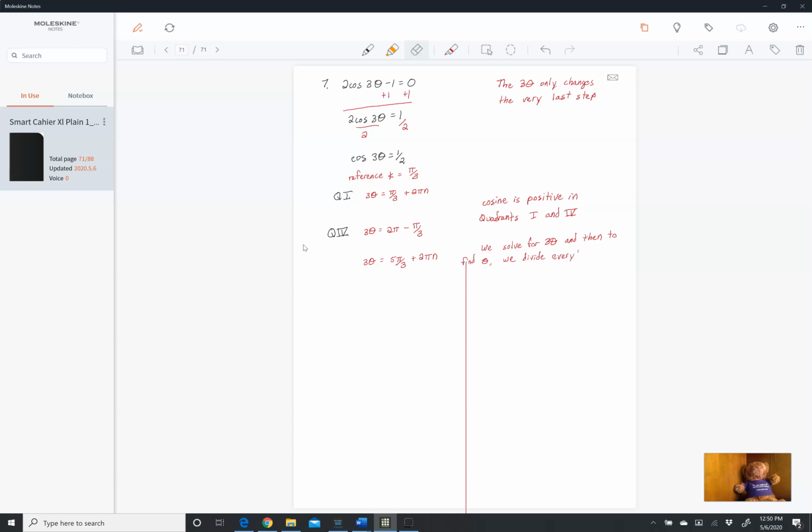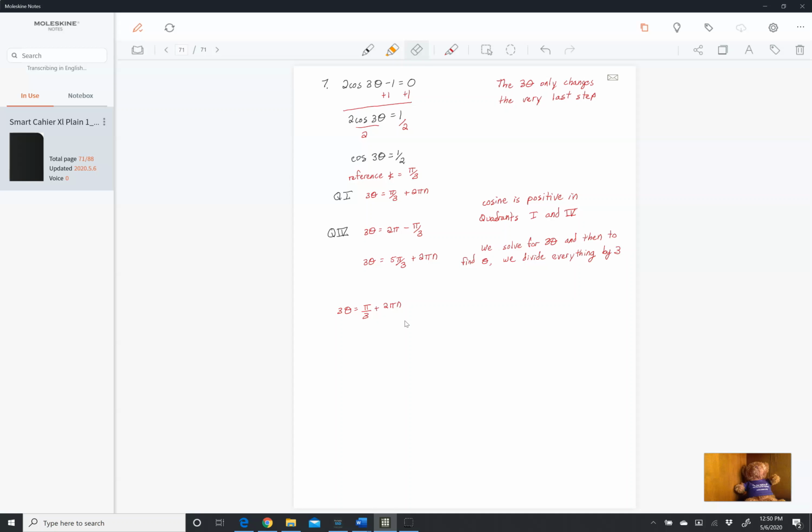So we have 2 solutions, right? We have 3 theta is equal to pi over 3 plus 2 pi n.